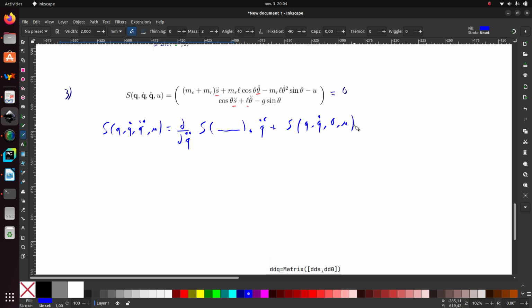Okay. And this is only due to the fact that s double dot and theta double dot occur linearly in the expression. This is why I have this equation.